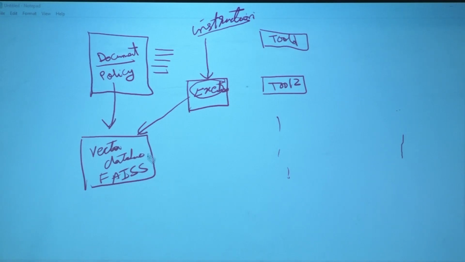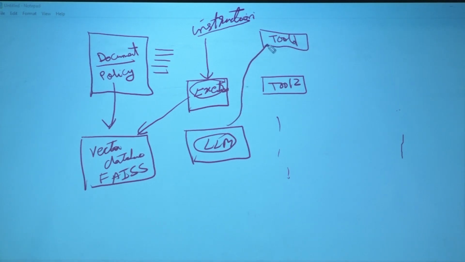And then based on its own intelligence and with the vector database and with an LLM, so basically the executor uses the vector database which has the policy embedded in it, and an LLM to make sense out of that, and then it engages the appropriate tools for performing that action.